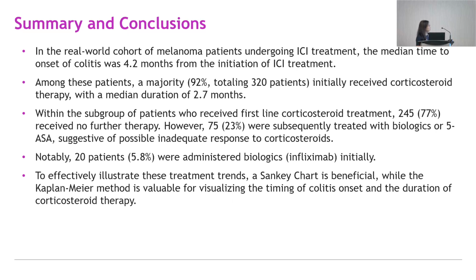Within the subgroup of patients who received first-line corticosteroids treatment, 77% received no further therapy. However, 23% were subsequently treated with biologicals or 5-ASA, suggestive of possible inadequate response to corticosteroids. We also observed 20 patients, around 6%, who were administered biologicals initially.